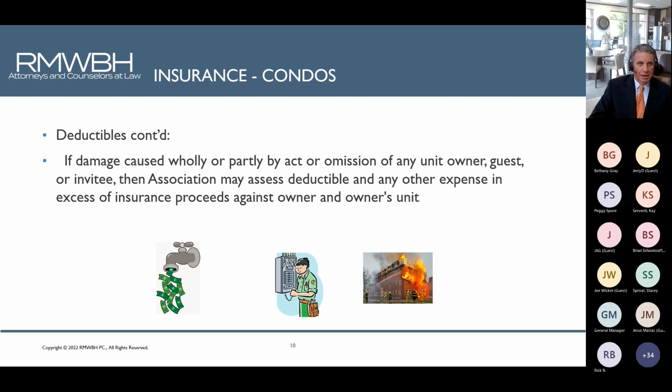Okay, if the damage is caused wholly or partly by an act or omission of any unit owner, guest, or invitee, then the association may assess the deductible and any other expense in excess of insurance proceeds against an owner and owner's unit. Now, this is when you're getting into some pretty large losses. This can come into play.